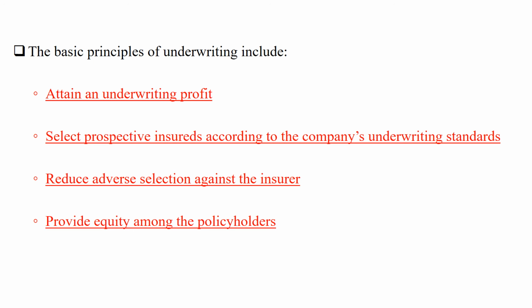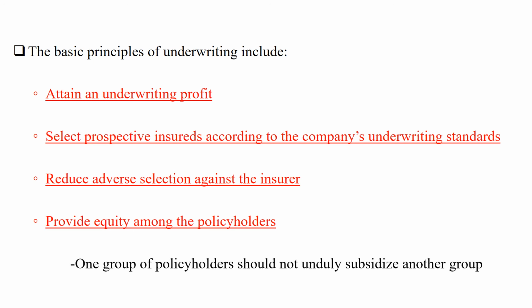So theoretically, healthy customers can pay lower insurance premium. Now, if the healthy customer and the unhealthy customers pay the same rate, it means the healthy customer subsidizes the unhealthy customers. So to provide equity among the policyholders, the insurance companies need to do the underwriting.